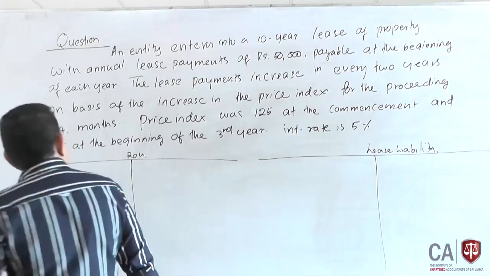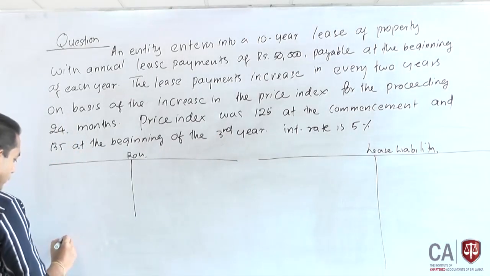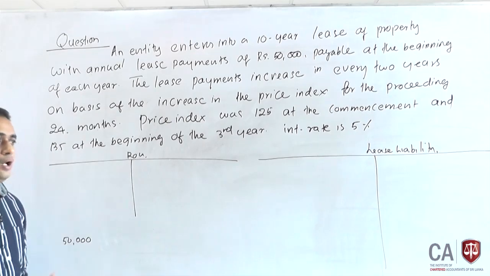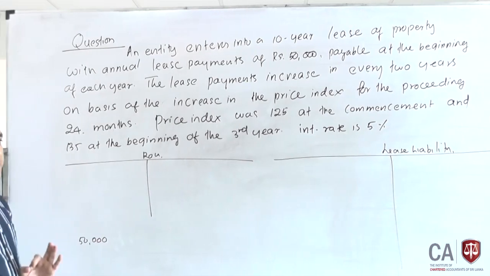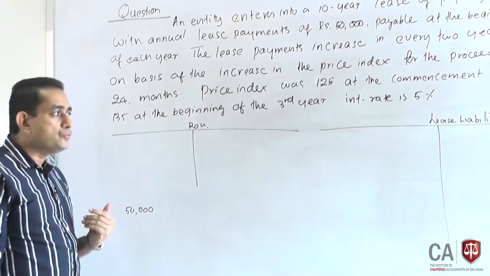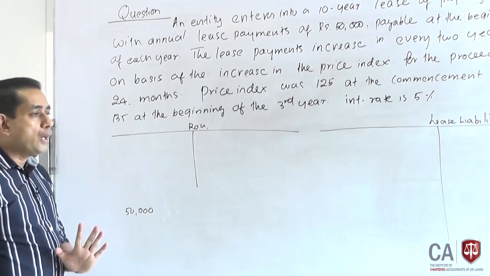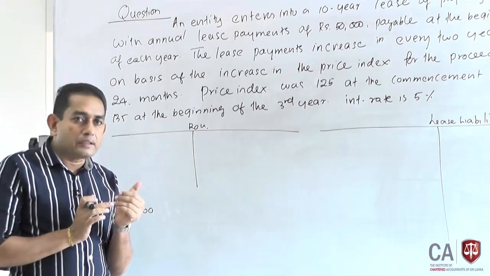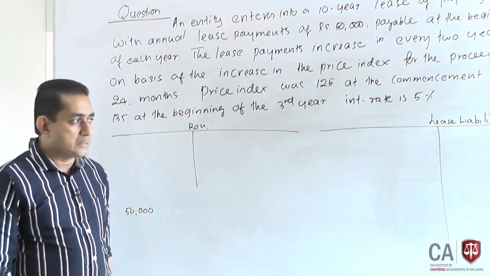How will you determine the lease liability? First, you need to calculate the present values of the lease payments where only the fixed considerations are taken into account at the beginning. Why? The variable considerations come into effect only once in every 2 years' time.